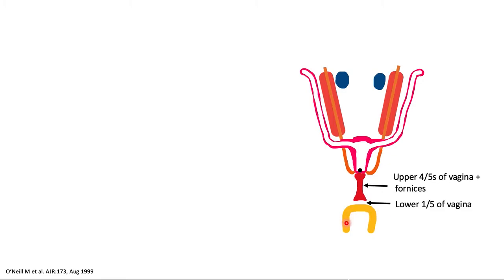This yellow structure is called the urogenital sinus. This vagina will now recanalize from below with squamous epithelium coming from the urogenital sinus.